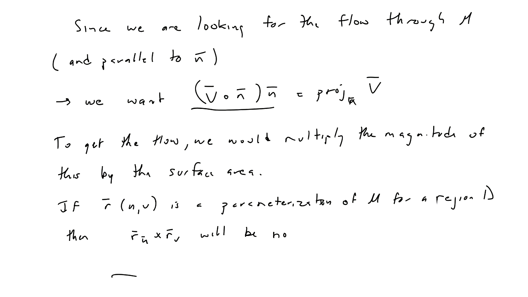And we know from chapter 1 that the cross product of the two partial derivatives will be normal to M. And therefore, our n will be this.